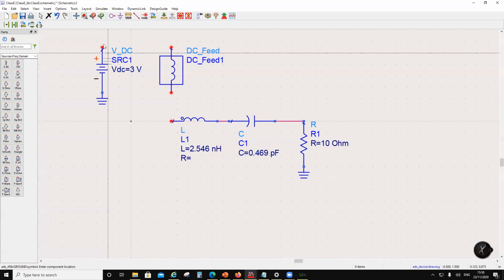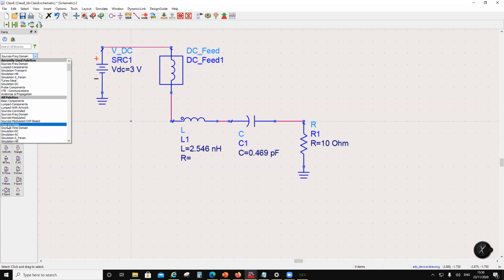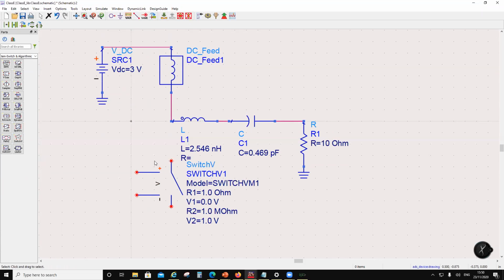And then I'm going to take a static switch. Really, you don't need a very good model for a switch. I'm going to take a static switch from system, signal system, switch, algorithmic. Very simple switch, and I'm going to put this switch over here.